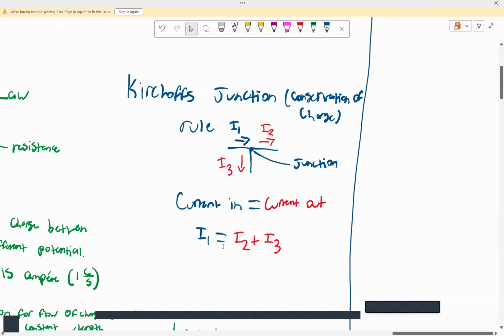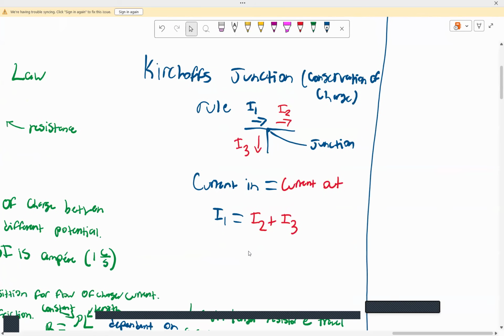So current 1 is equal to the sum of current 2 plus current 3, which makes sense because you want to have conservation. You're not just losing some energy or charge, since current is Q over delta T. You're not just losing it randomly. You can't have one way be higher than the other.